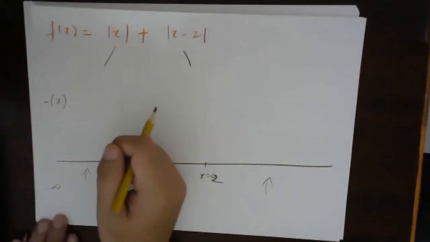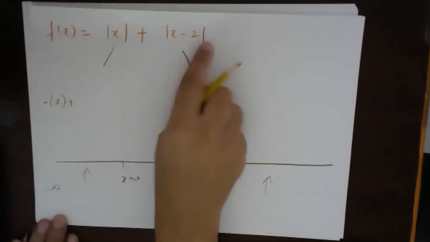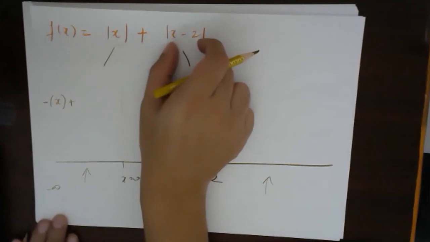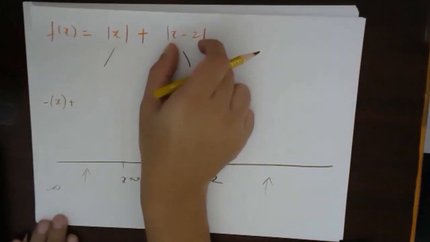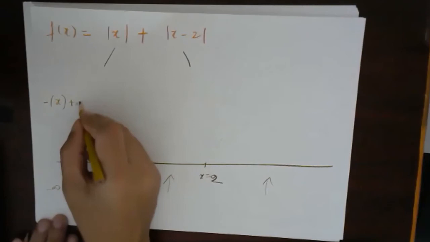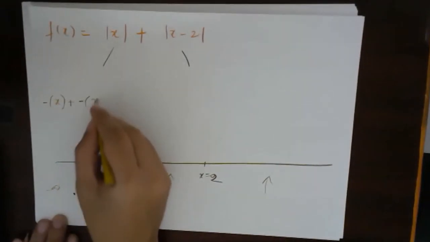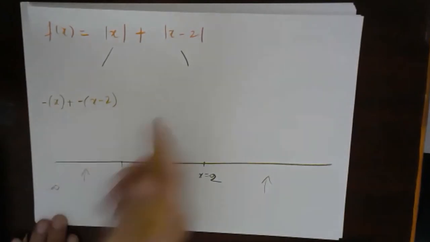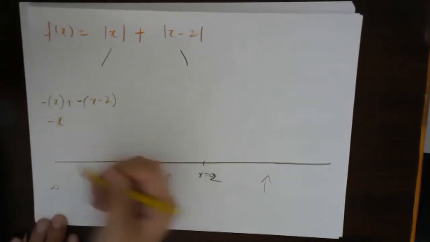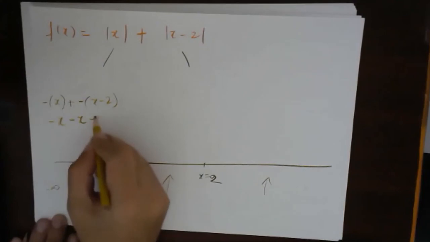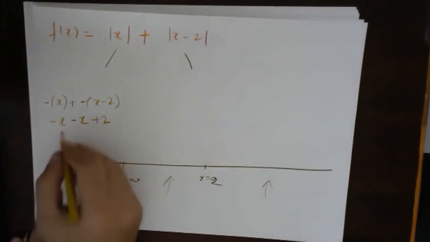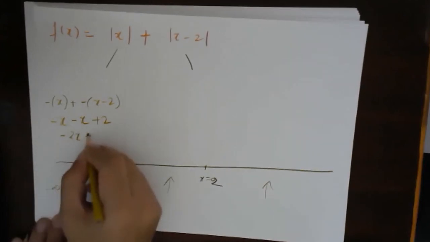Now x minus 2: when x is less than 0, this x minus 2 is negative, so the modulus will again open with a negative sign. So this will become minus of x minus 2. So the whole function becomes minus x minus x plus 2, so this whole part becomes minus 2x plus 2.